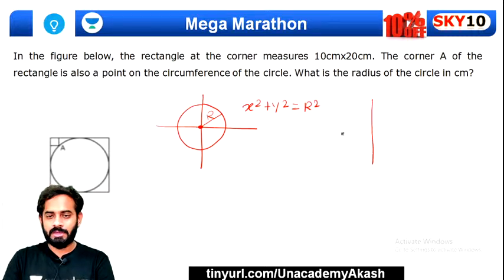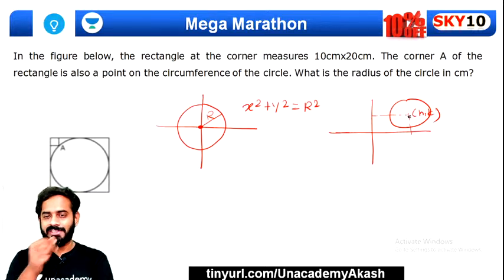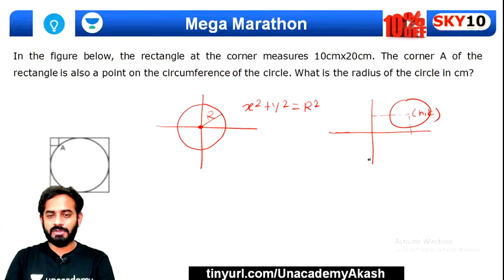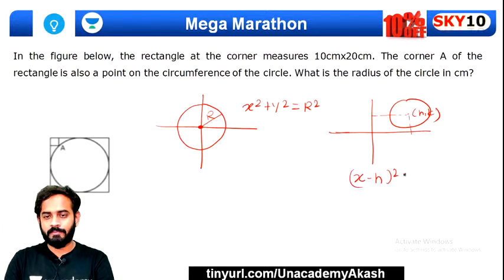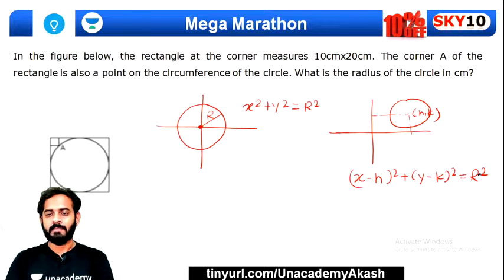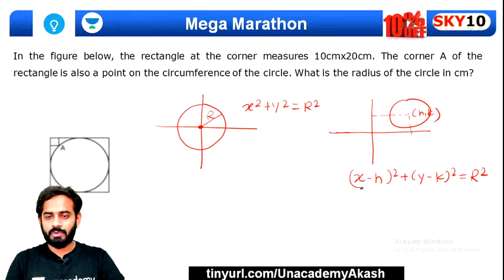And when the center is shifted, that is, the coordinates of the center are h and k, the equation of the circle becomes x minus h whole square plus y minus k whole square is equal to r square. Very simple. This is the equation of a circle.